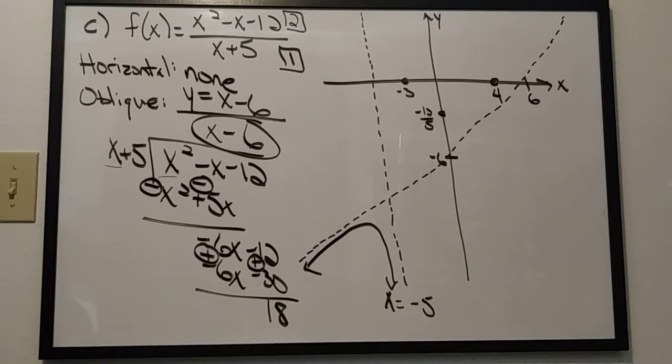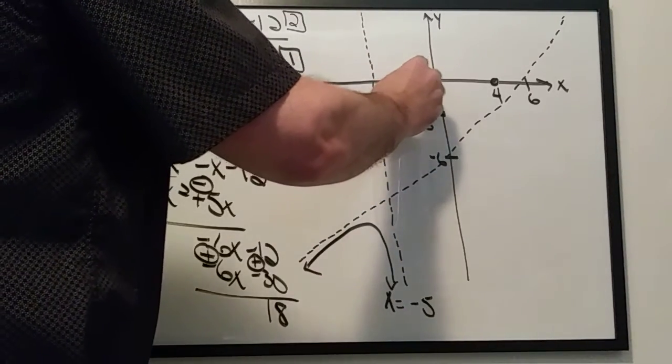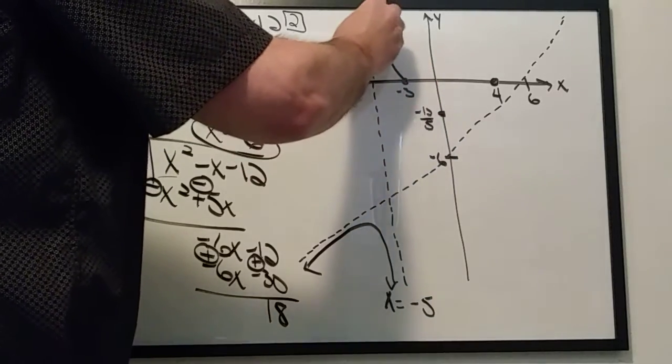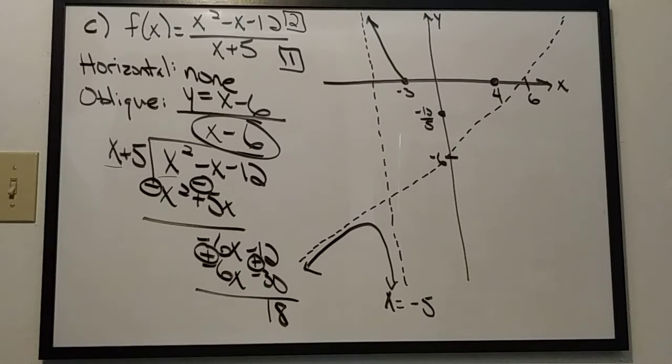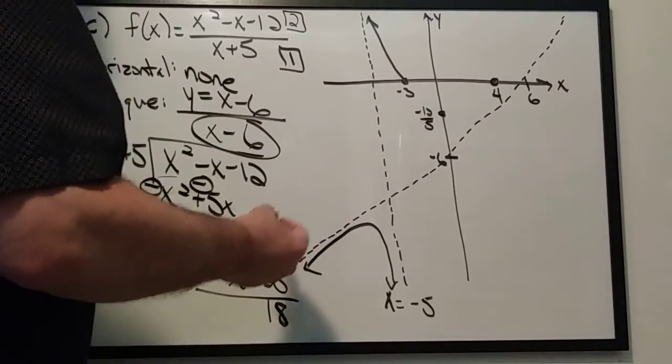Now let's keep going. Between negative 5 and negative 3, we know that the graph has to be above the x-axis. Well, we're going to go through the x-axis at negative 3, and to be above means that we're going to swoop up like this. And then as we continue to the right, the sign chart says between negative 3 and 4, our graph has to be below the x-axis. We also know that it has to go through the y-intercept.